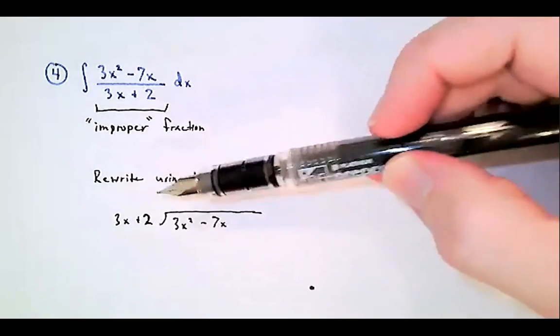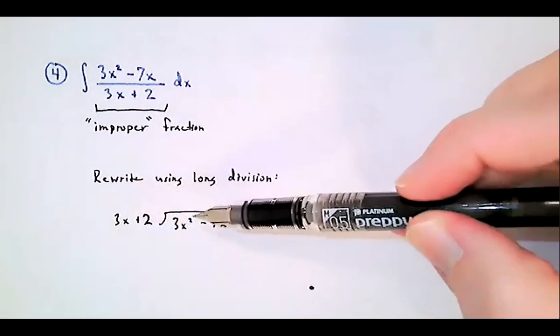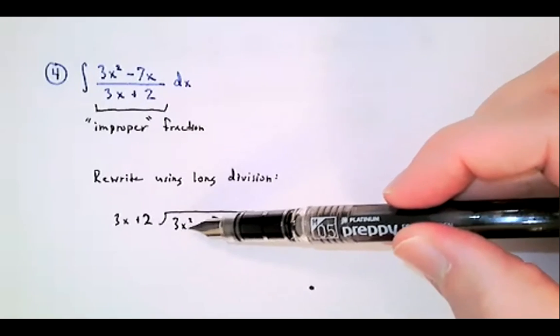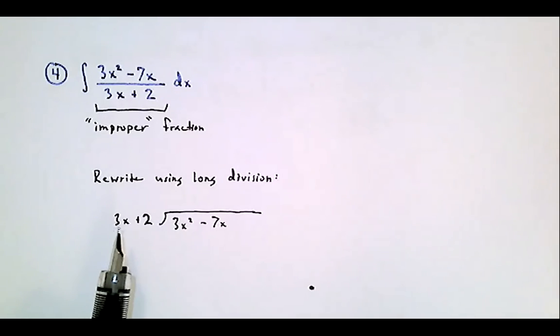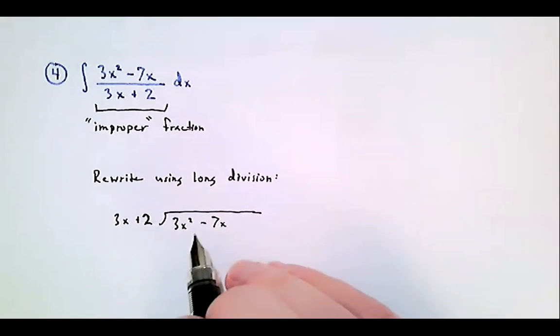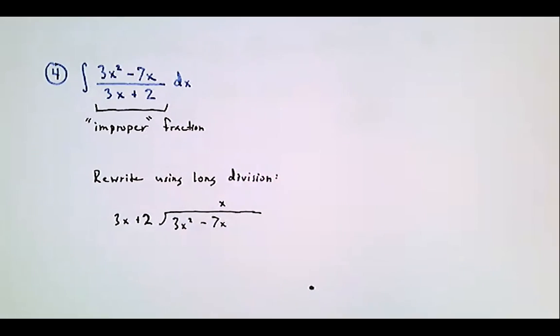And what we have to do is figure out what to multiply the first term by in order to cancel off the first term of the thing that we're dividing, the 3x squared minus 7x. So what do you have to multiply by in order to cancel that off when you subtract? X, good. Yeah, so in order to keep things organized, you want to find your corresponding x term underneath the division symbol and write what you're doing up there.